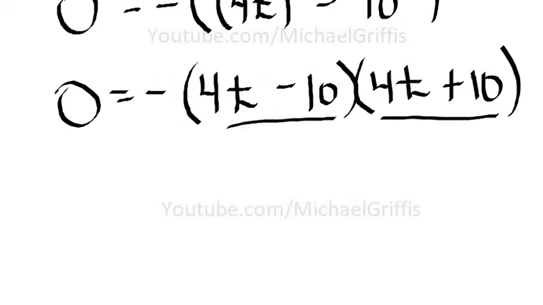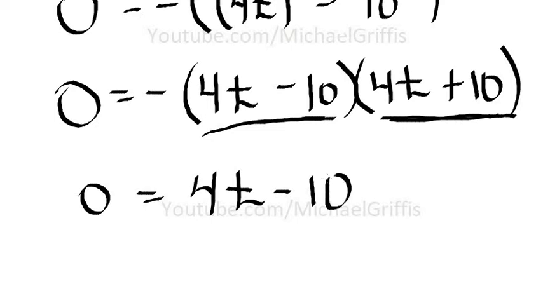Now we want to set each one of these factors equal to 0. So 4t minus 10 is the first one. Now this goes back to solving linear equations. You see how all this stuff's building on each other?